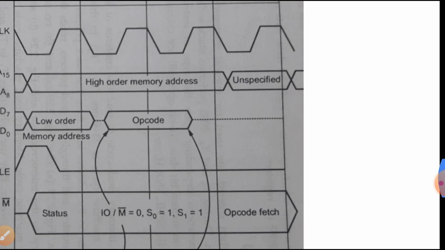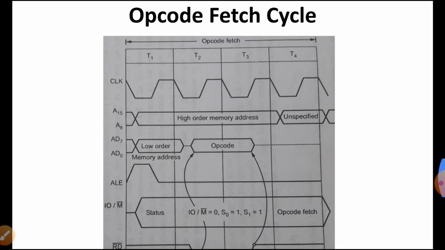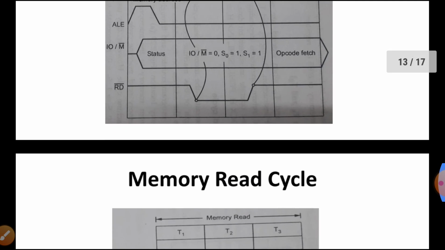So it is in T4, when it decodes and executes, that it decides whether the next T state will be in continuation or the first T state of the next machine cycle. So this is all about the opcode fetch cycle.